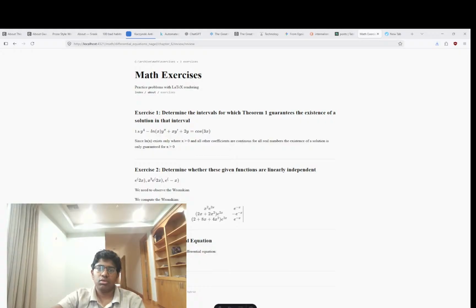Yeah, it's pretty cool. This is a nice little solution, and we just need to compute whether this becomes zero.